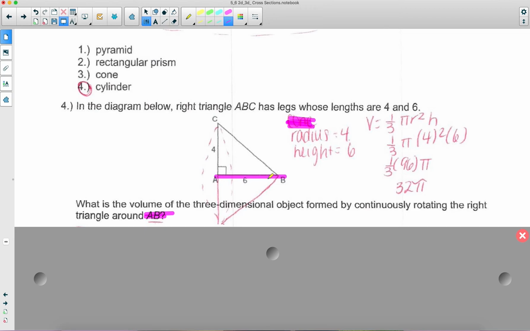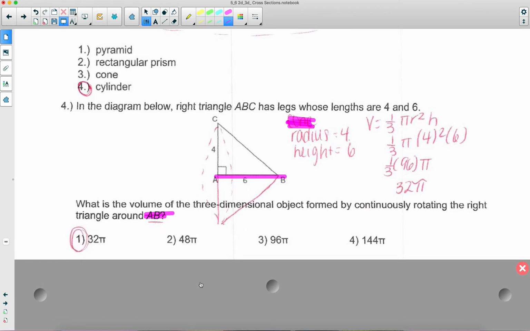If I'm rotating around AB, that means C is coming around and around. So my circular base is going to be over here. This is going to be the height of my cone. Now if it's a cone, the volume formula is 1/3 pi r squared times the height. AB is my height of 6. And from A to C, that's the radius of that circular bottom, so my radius is 4.